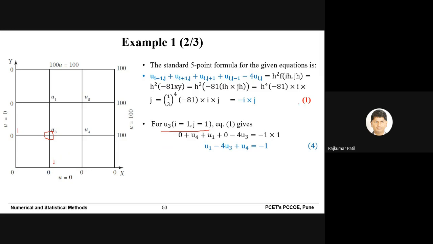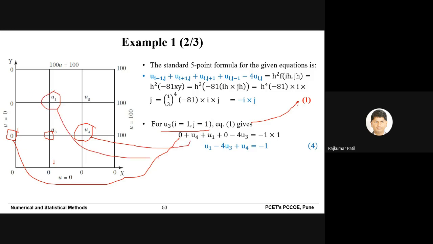Then go back to equation number 1, or you can refer to the figure. The 4 closest neighbors are 0, 0. Then the second closest neighbor is u4, the third closest neighbor is u1, and the fourth closest neighbor is 0.